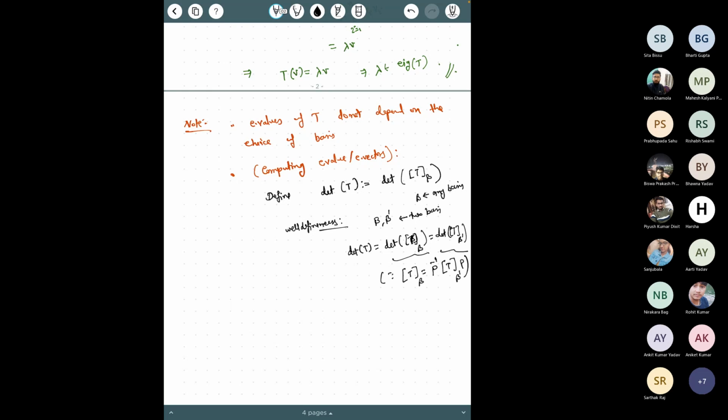And whenever you take the determinant of T with respect to B, it would be the same as the determinant of T with respect to B dash, using the determinant property that determinant of AB is equal to determinant of BA, or you can also use determinant of AB is equal to determinant of A times determinant of B. So this way you can now talk about the characteristic polynomial.